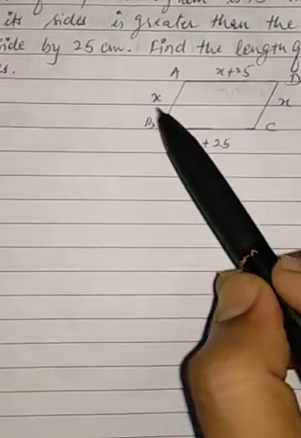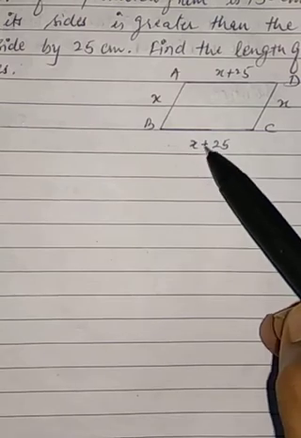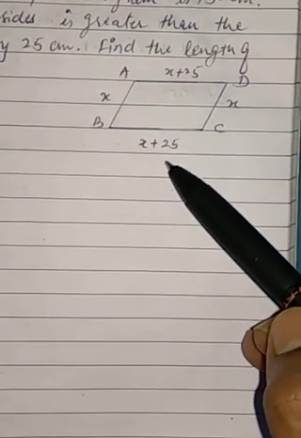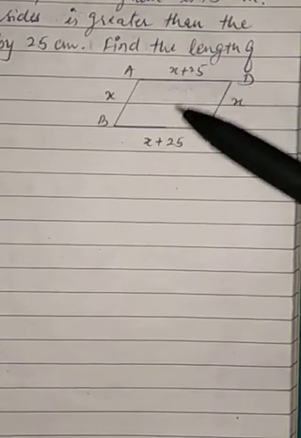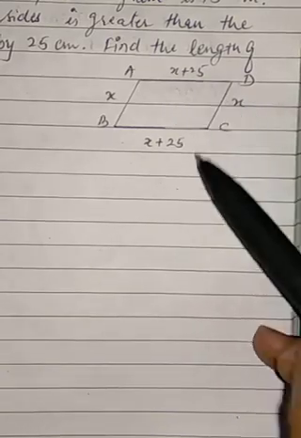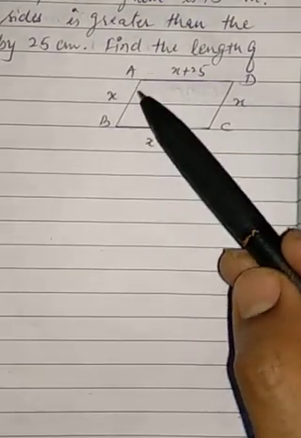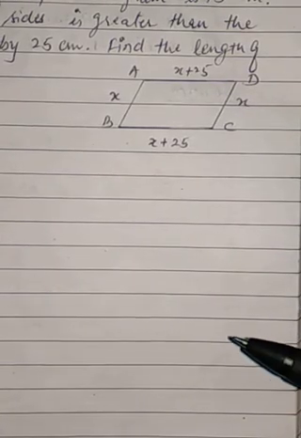So let's assume that one of the side is X, so the other side is going to be X plus 25. But you know that opposite sides are congruent. So if I write BC X plus 25, that means AD is also X plus 25. And AB I have assumed as X, so obviously CD is also going to be X centimeter.